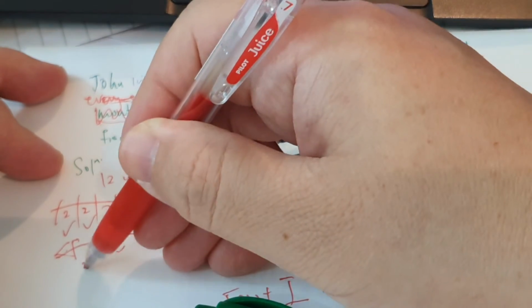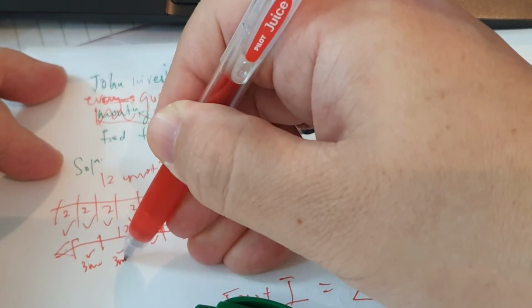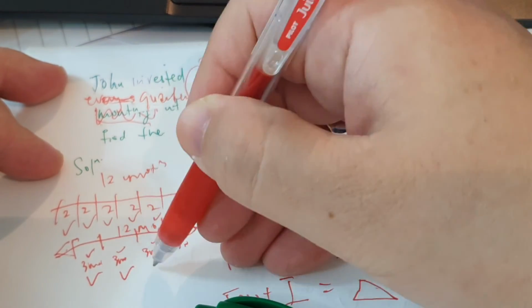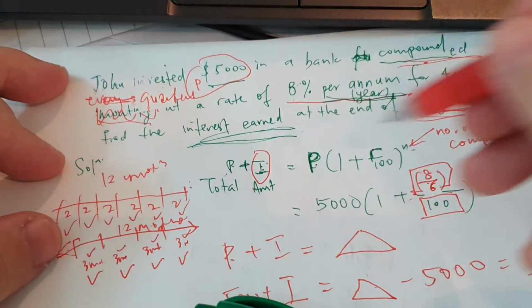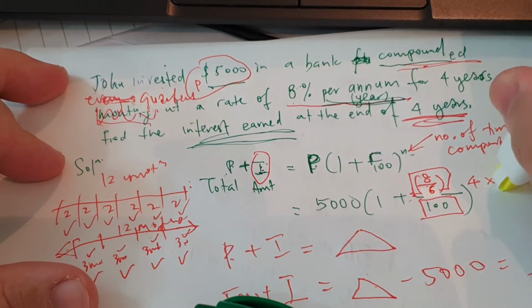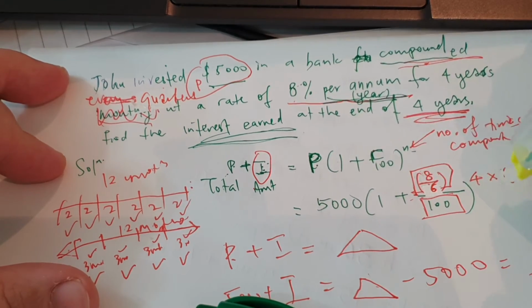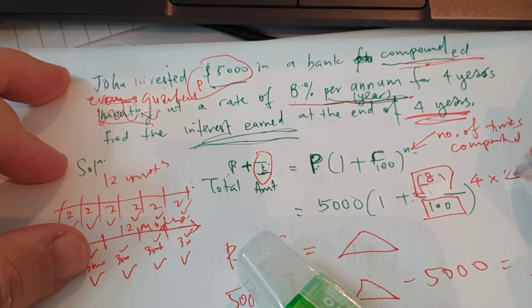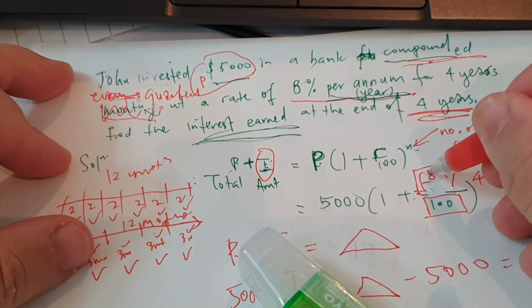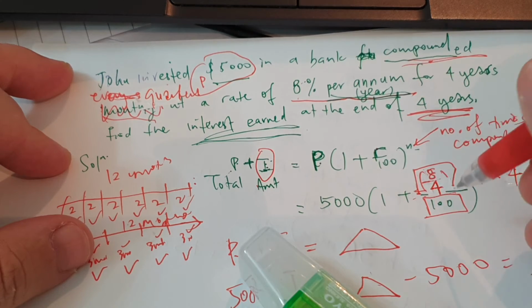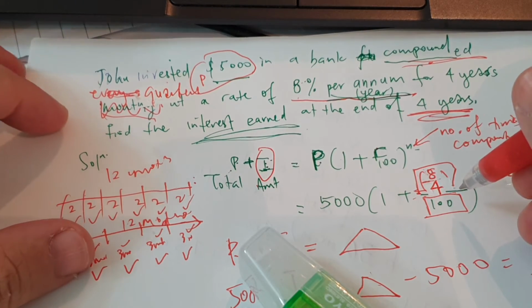That means every 3 months. So it's 4 times in a year, and in 4 years, every year you compound it 4 times. Then you take 8 divided by 4. So that's how you do it.